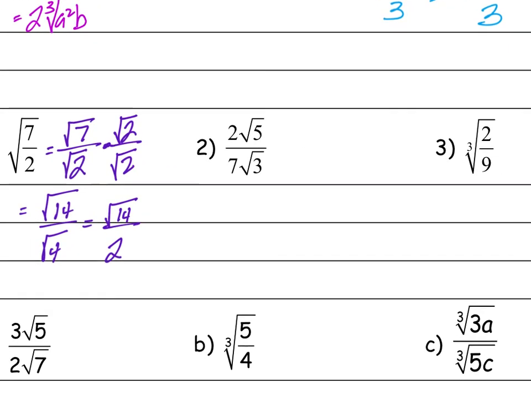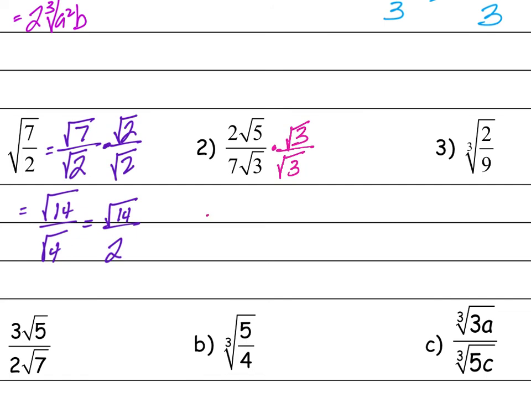The next one, it's okay that there's a 7 in the denominator. The only thing that I want to get rid of is just the square root. So the only thing I'm going to multiply by is the square root of 3 divided by the square root of 3. Okay, because all I want to get rid of is just the square root.